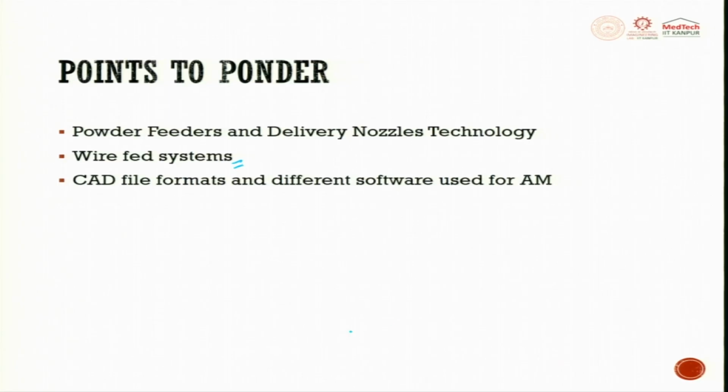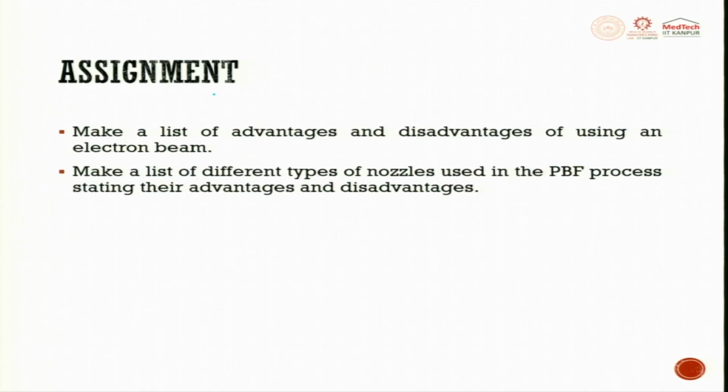And also you can look at the CAD file formats and different software which are used in accommodating powder feeding, delivery of the nozzle and wire fed systems. The assignments which were given in the previous lecture you can add.